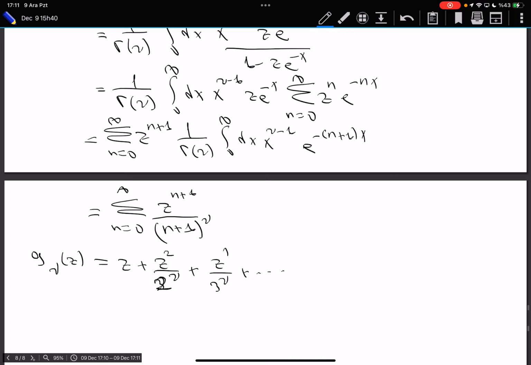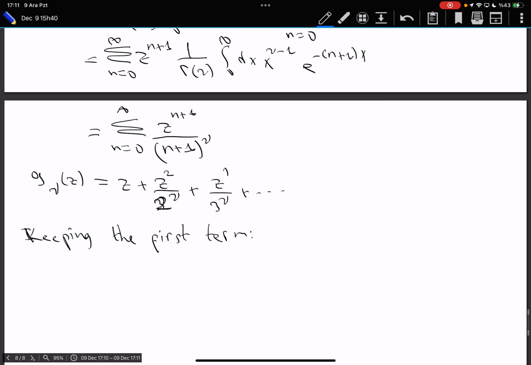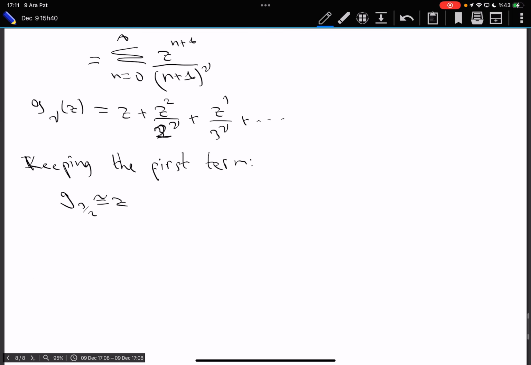If you just keep the first term, g 3 over 2 is basically z. Remember, this is what we need to solve. But that is basically z.